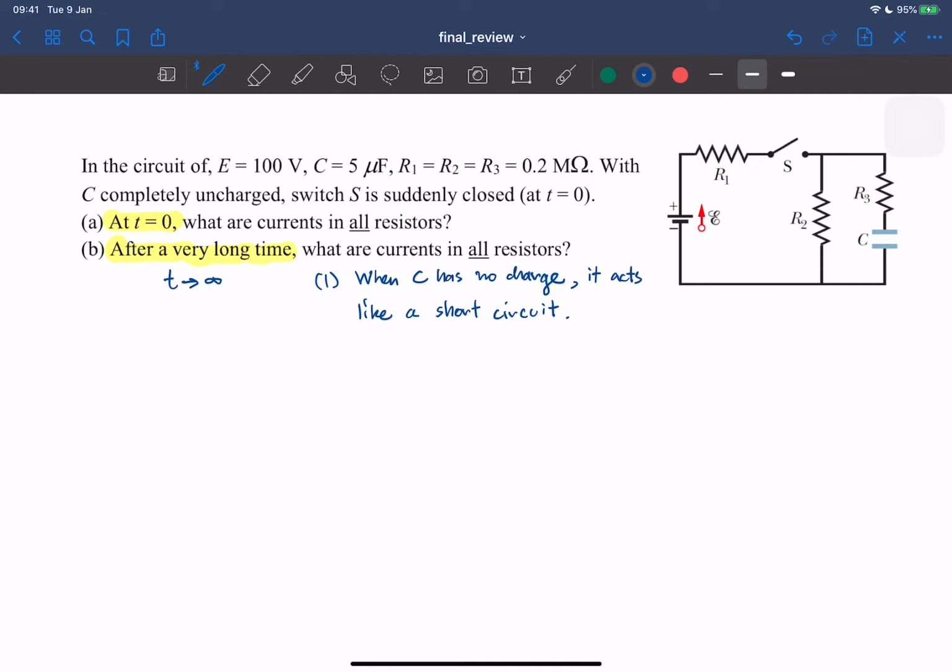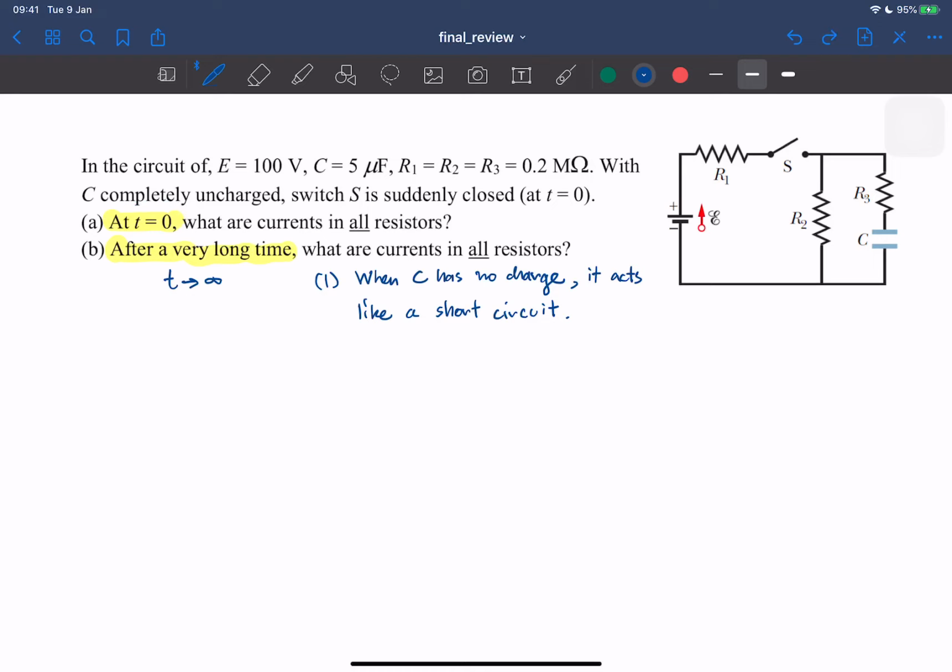That's true right at t equal to 0. But when t increases a little bit, there's some charge building up in C, and this is no longer true. But that's not what we care about, because we care about when t equal to 0, what's the current?